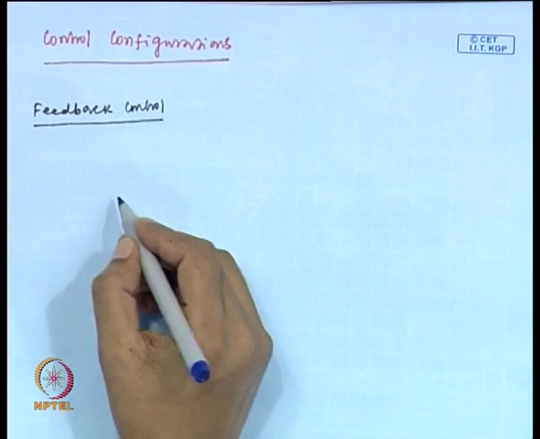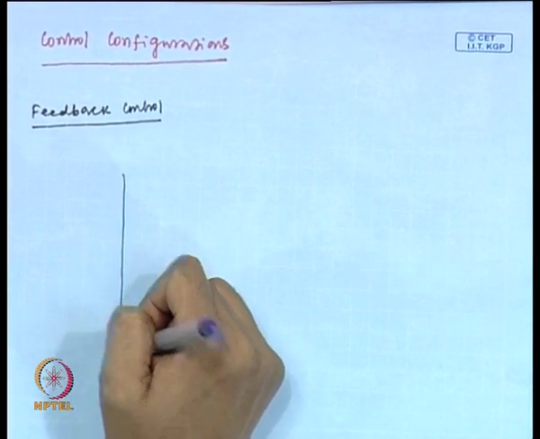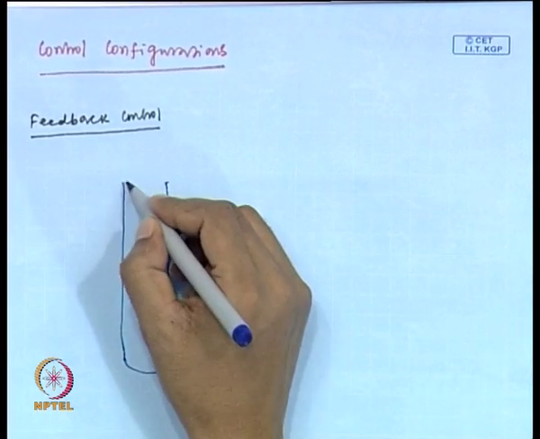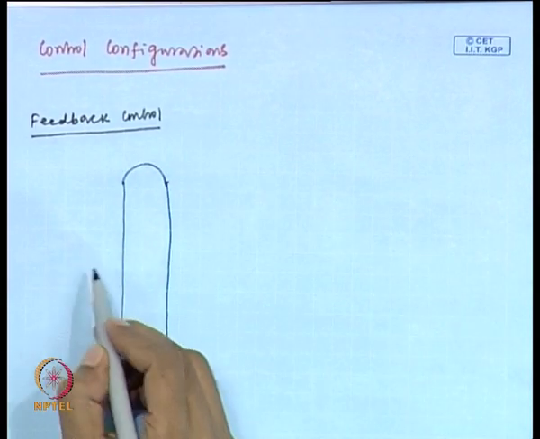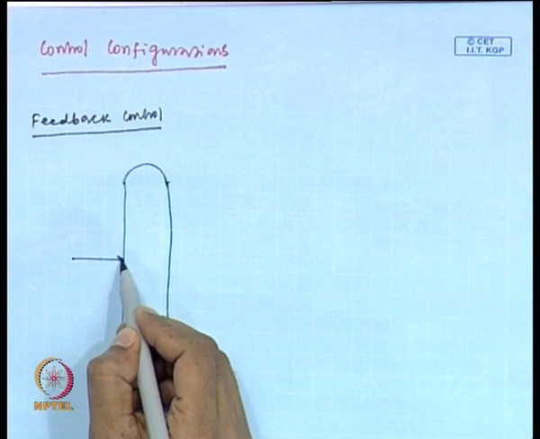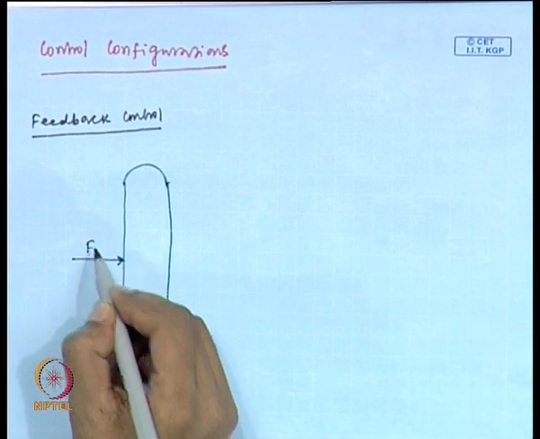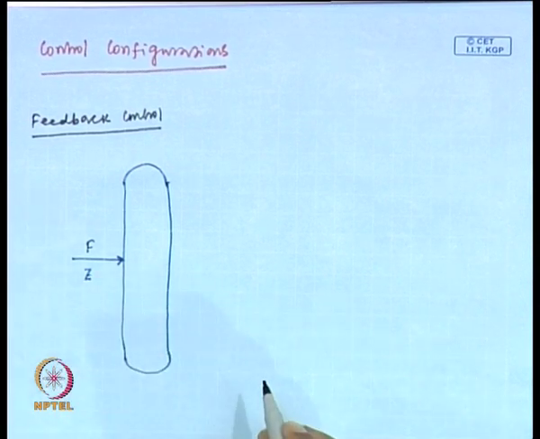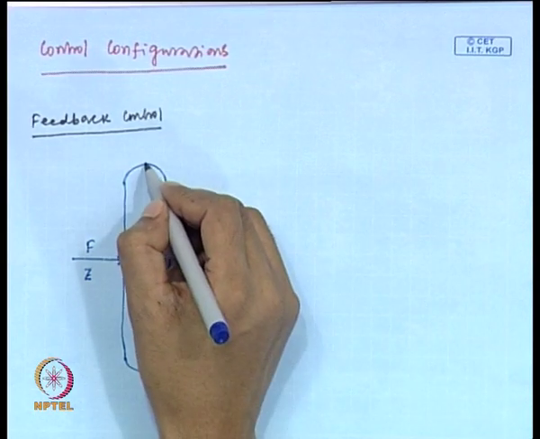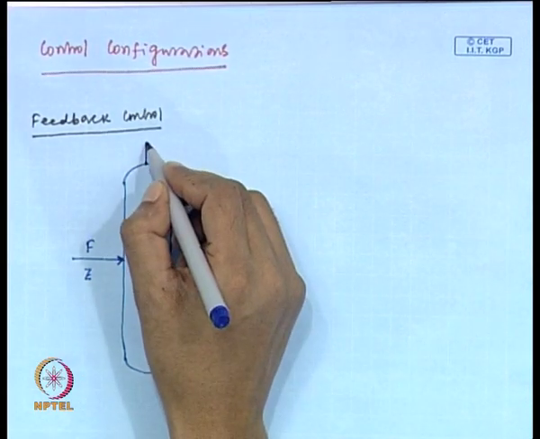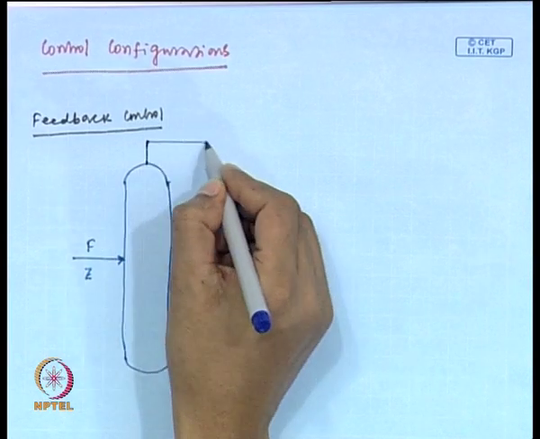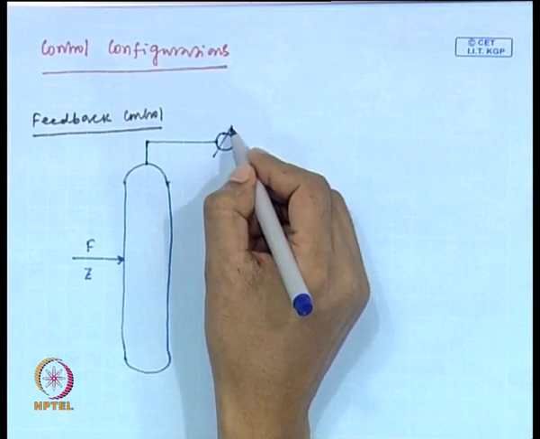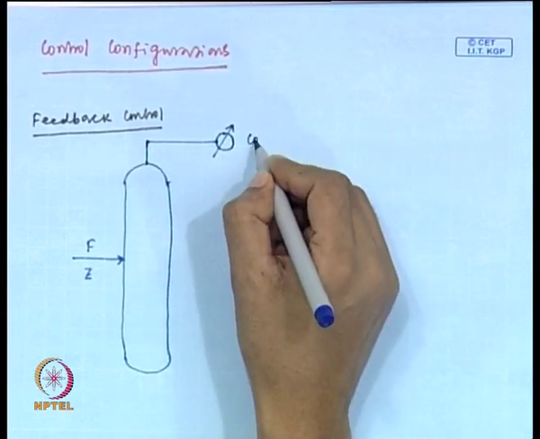So, this is the tower of a distillation column. Feed is introduced here with flow rate F and composition Z. The overhead vapor which leaves the top tray is condensed in this condenser.